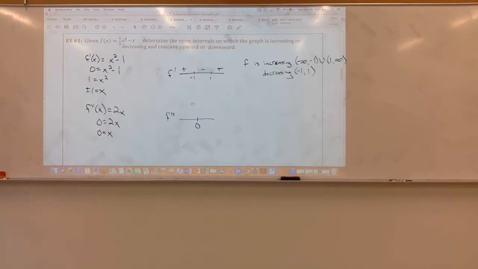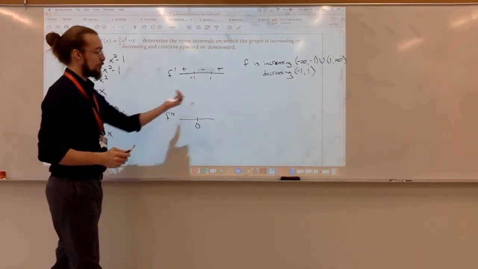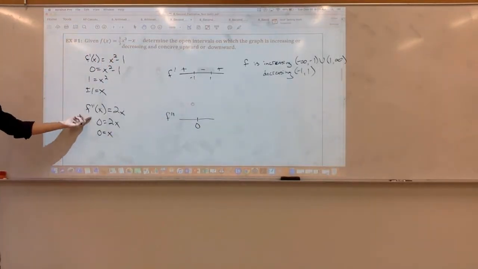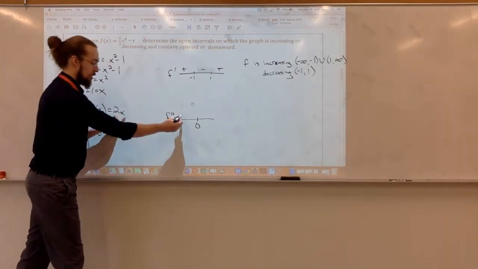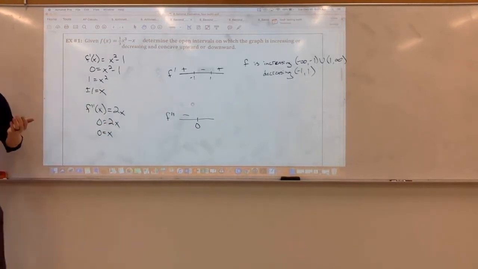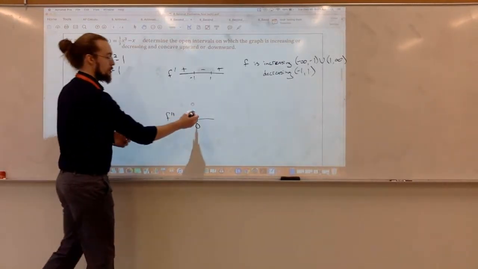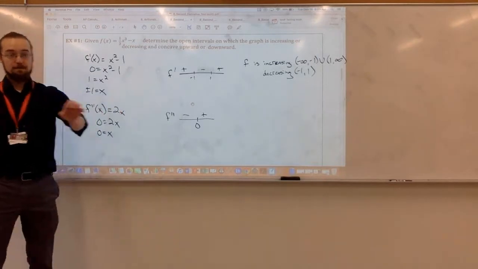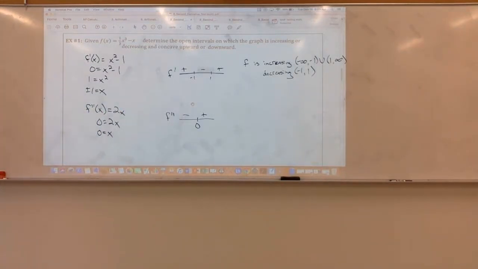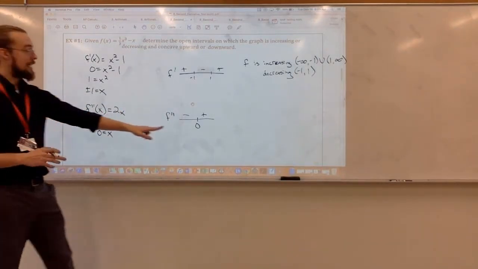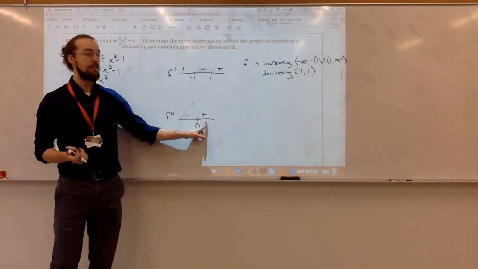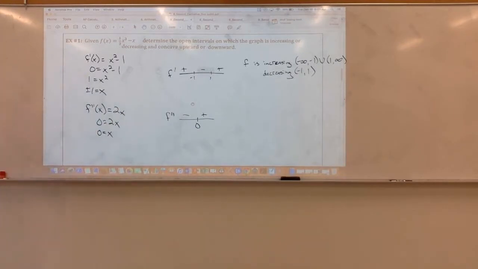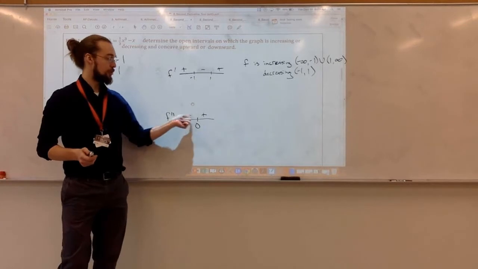Now I just want to take a value less than 0 and a value greater than 0 and plug those into my second derivative. If I plug in a negative value, this will be negative. If I plug in a positive value, this will be positive. With this information, we have found that 0 is a point of inflection. If we change concavity, it is a point of inflection. The only time that this wouldn't be a point of inflection is if we don't change concavity.